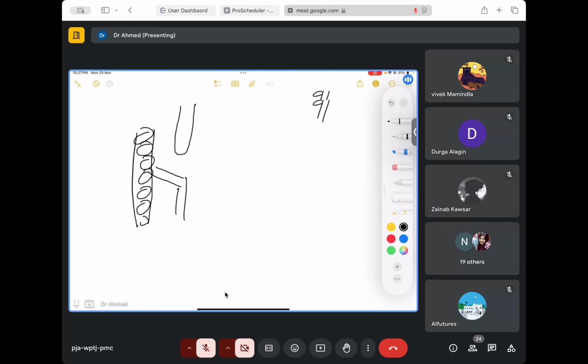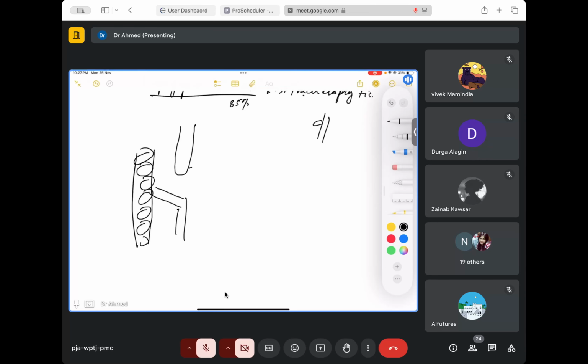Let me just draw this. So the proximal part is a blind tube, and the distal part has a fistula, or abnormal connection, between your distal esophagus and your trachea.